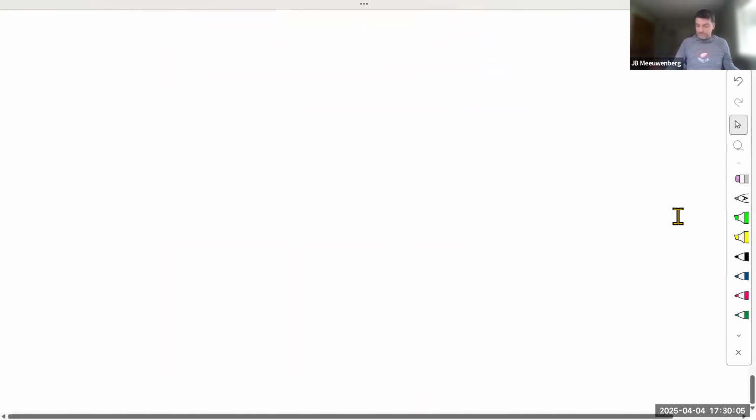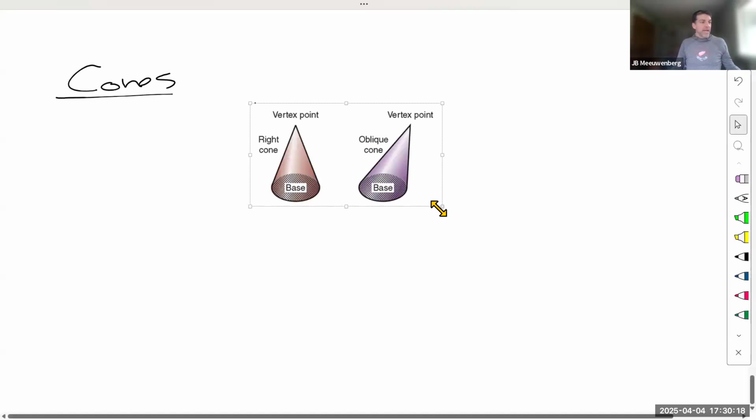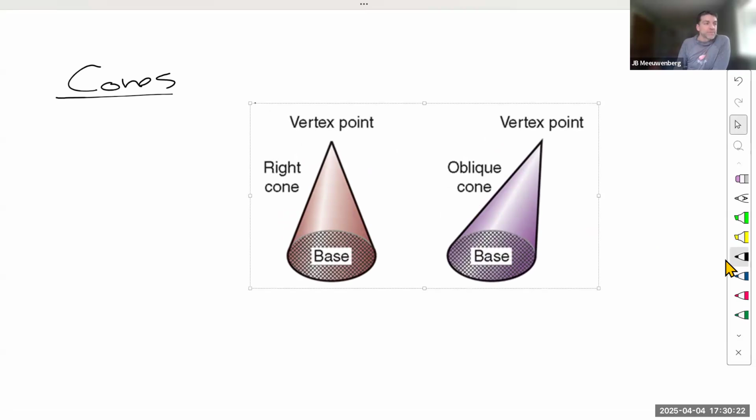So cones are kind of similar to pyramids in a way, except they have circular bases. Right? So a cone is going to look like this. And just like before, we can have right cones and we can have oblique cones.